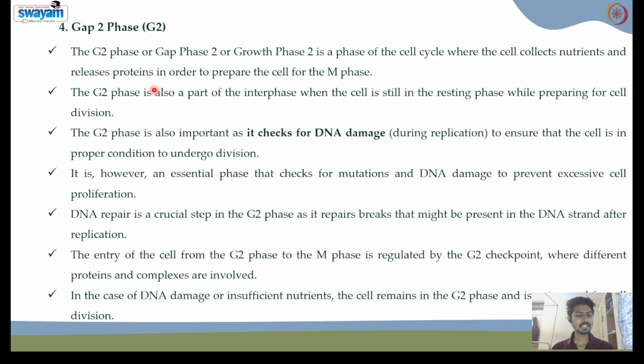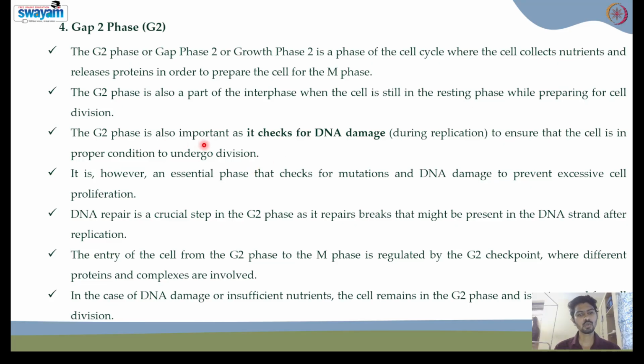Once it has been corrected, it will send the cells to the next phase, the M phase. So this is also a preparatory phase for the M phase. Here the G2 is also a part of interphase, when the cell is still in the resting phase while preparing for cell division.